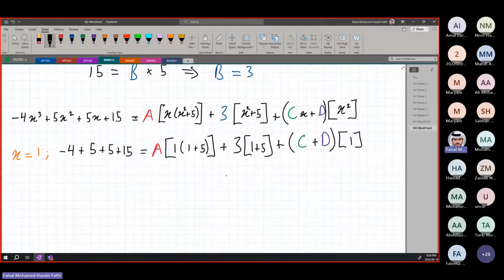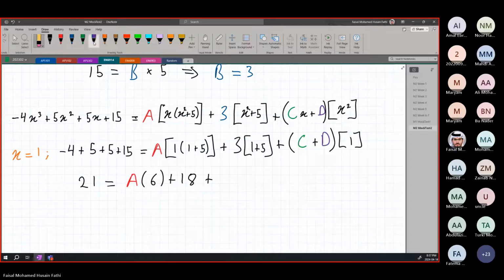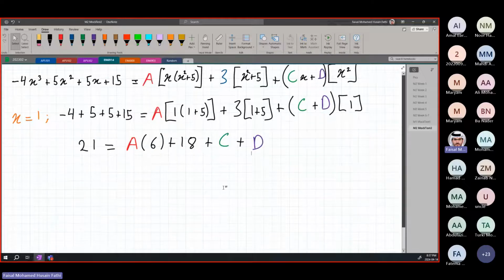Let's simplify this. 5, 5, 15, that's 25, minus 4, that's 21, is equal to a times 1 plus 5, which is 6, 6 times 1 is 6. 1 plus 5 is 6 times 3 is 18, plus c plus d. We can simplify this even more.